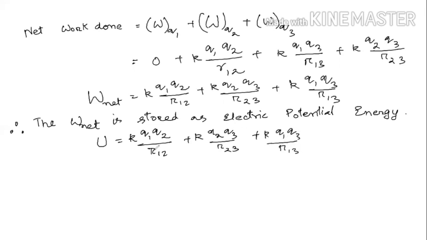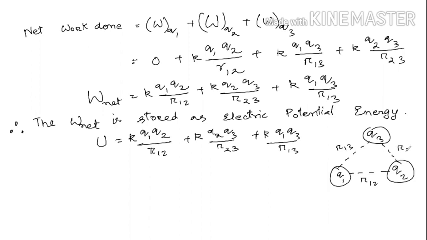This is the amount of potential energy stored by the system of charges. What is the system? Q1, Q2, Q3, with distances R12, R13 and R23 between them.